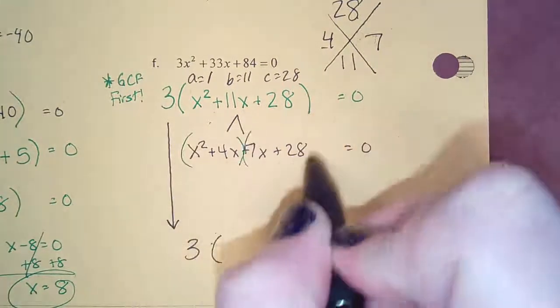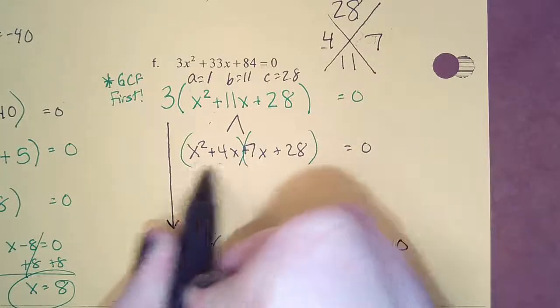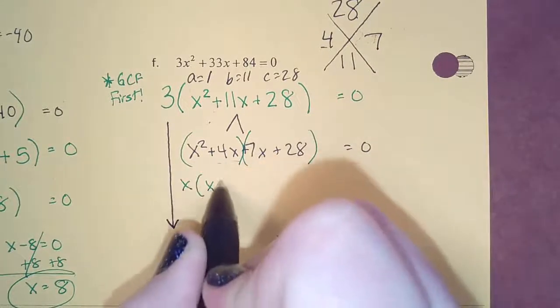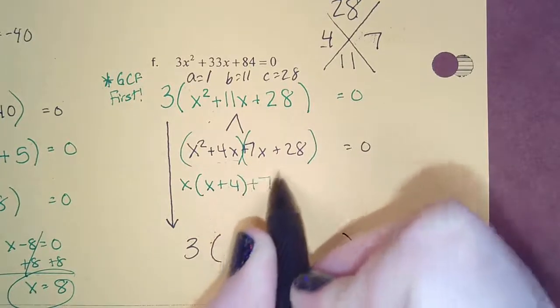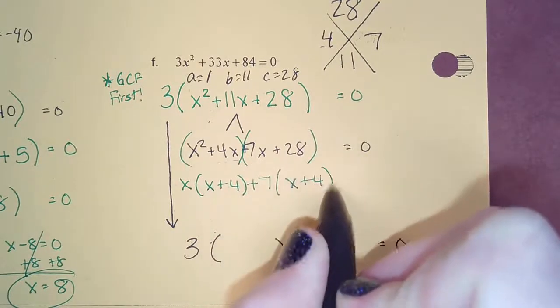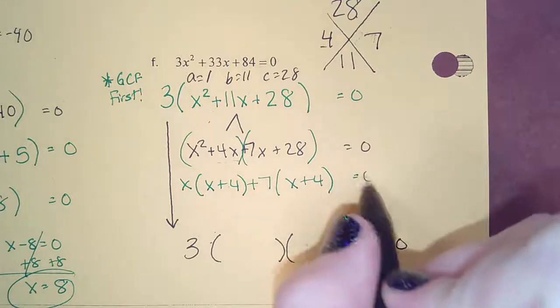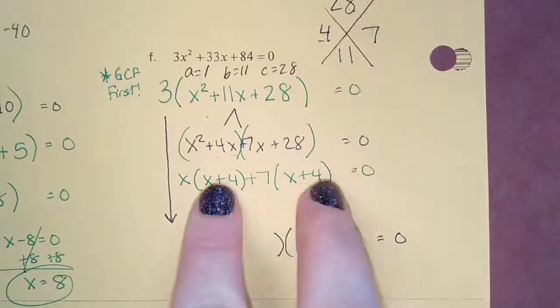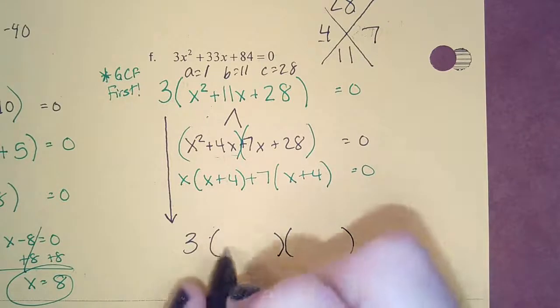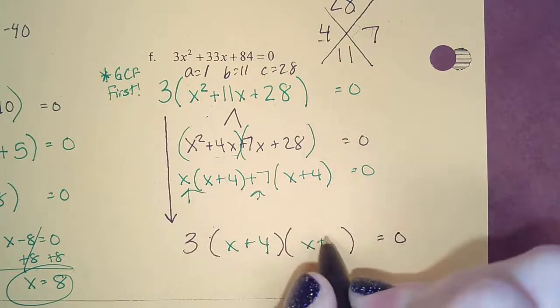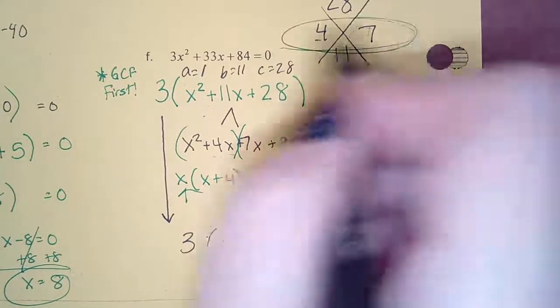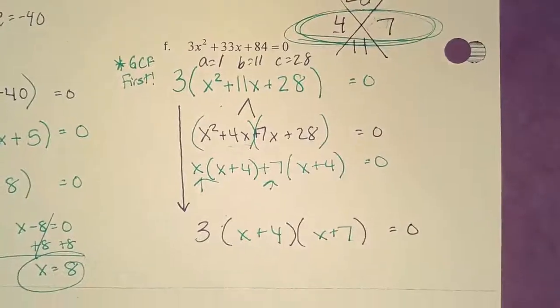Grouping. I can divide out an x of this first parenthesis, so I'm left with x plus 4. I can divide a 7 out of this one, positive 7, so x plus 4 again. Now if I divide out my GCF here, x plus 4, I'm left with x plus 7. And yes, I could have just pulled right from my x.